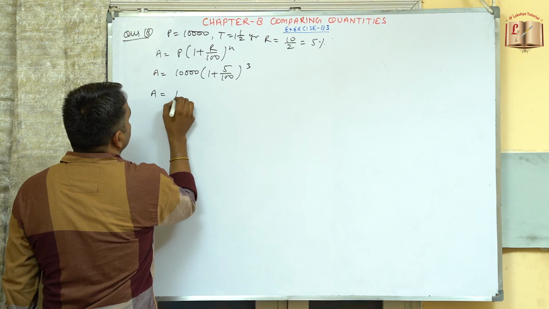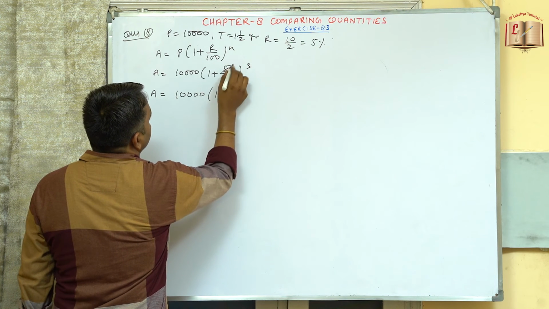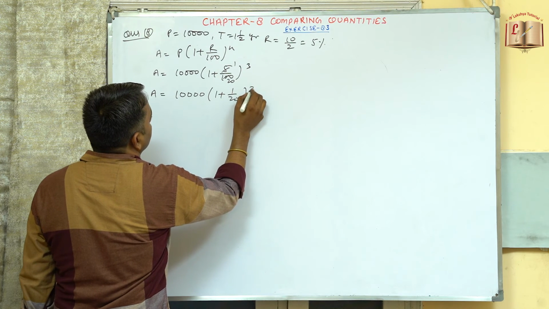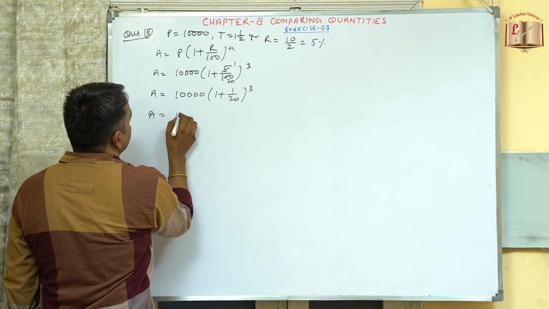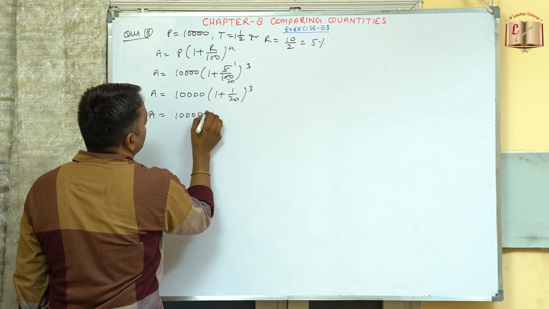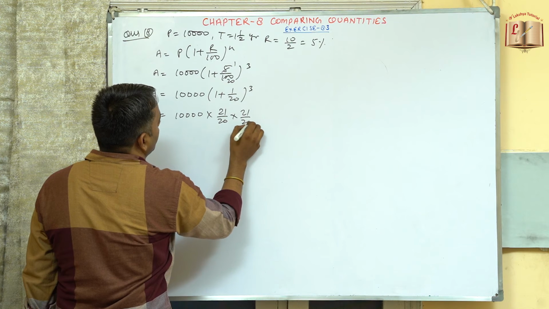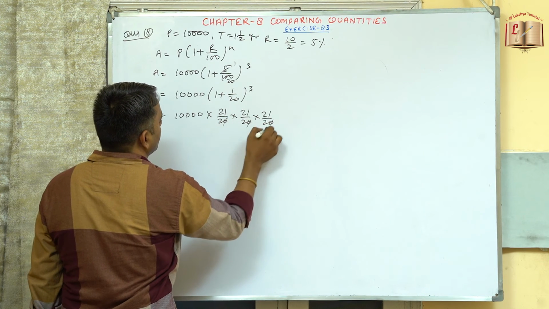So A equals 10,000 times (1 plus 1 by 20) to the power 3, which is 10,000 times 21 by 20 times 21 by 20 times 21 by 20. Now we can solve this.